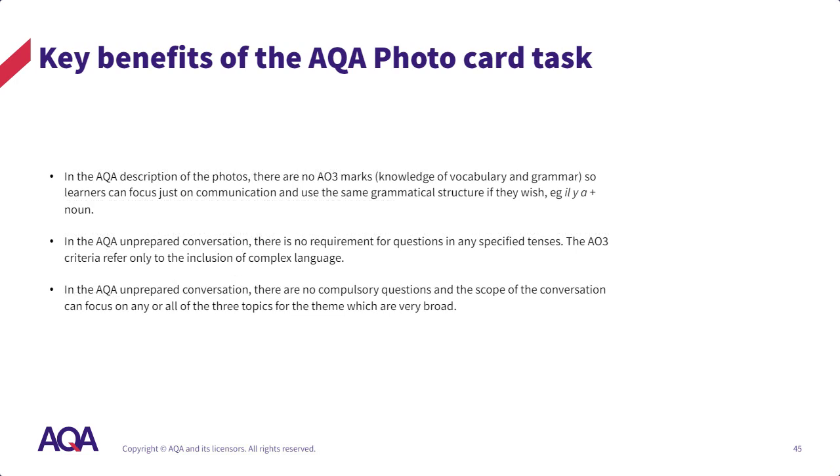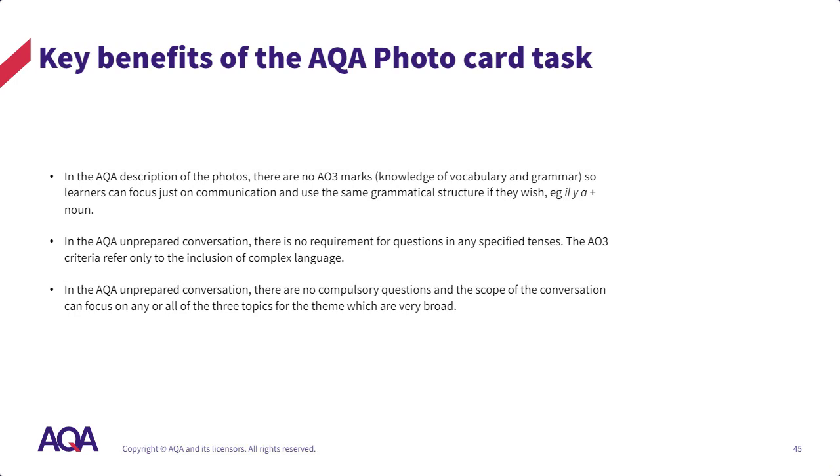In the AQA description of the photos, there are no AO3 marks, so that's marks for knowledge of vocabulary and grammar, so students can focus just on communication, and they can use the same grammatical structure with a noun if they wish. Practising for this task is also good practice for the writing task at foundation tier, question 1.